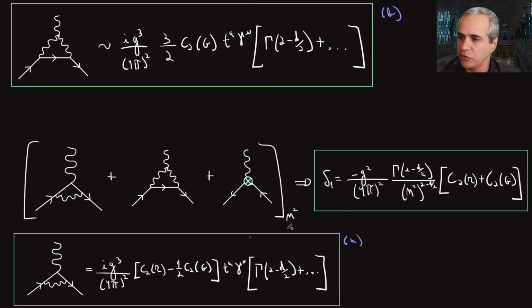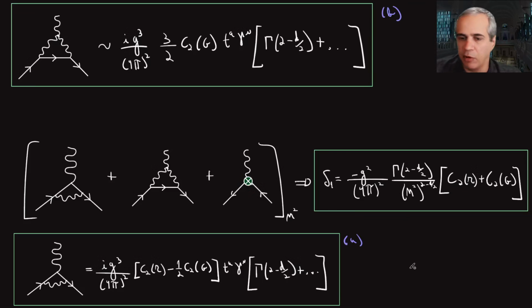So you see the counter term will contain C2R plus C2G because of that: C2R coming from here and C2G coming from this combination of both. And again, I'm doing this in the scheme implemented by this m squared in the denominator here. That gives me delta 1, which was the last missing counter term that I needed.